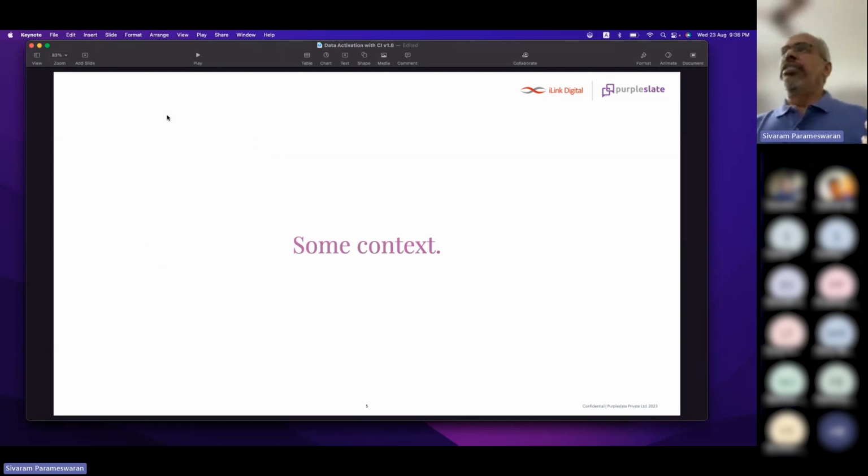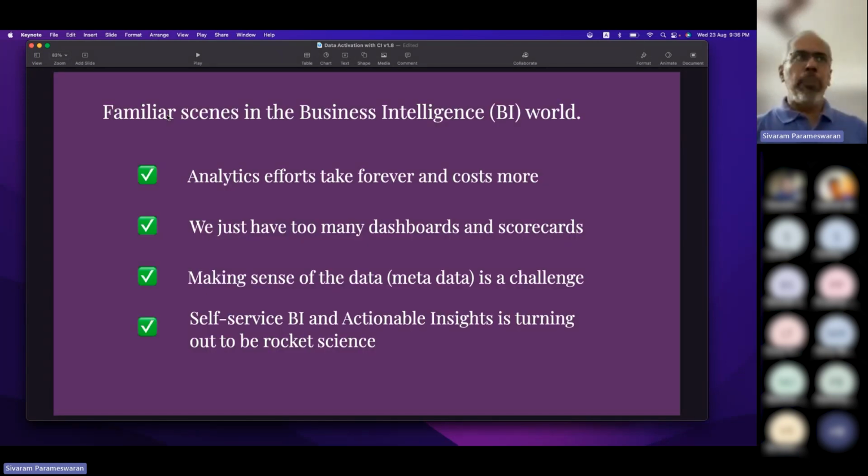If you've been working in the data warehousing or business intelligence space, data analytics and all that, for some time, these are familiar problems, especially in large organizations.